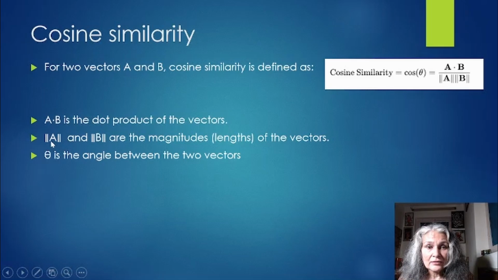The double bars denote the magnitude or lengths of the vectors, and theta is the angle between the two vectors.